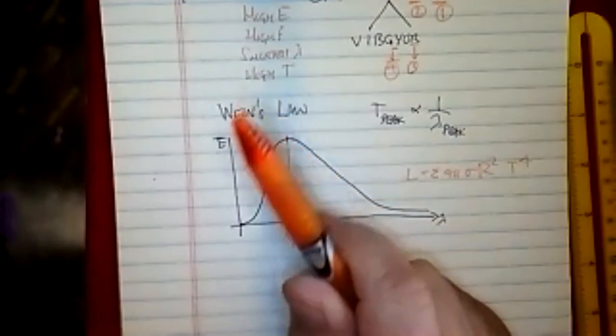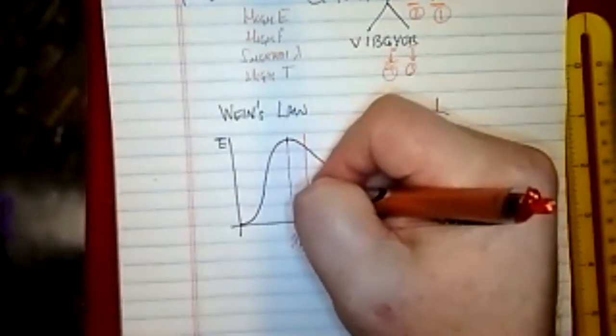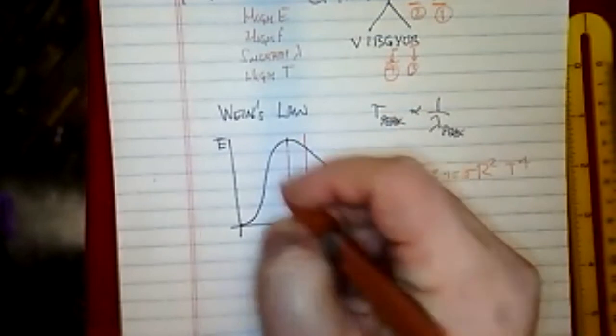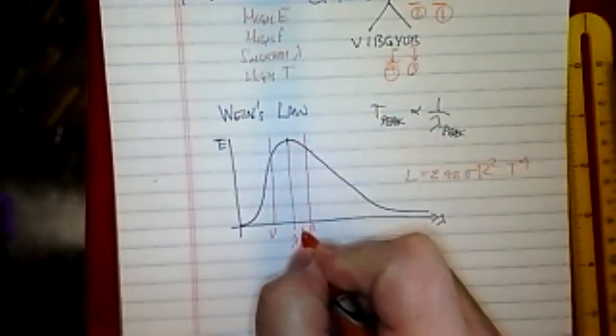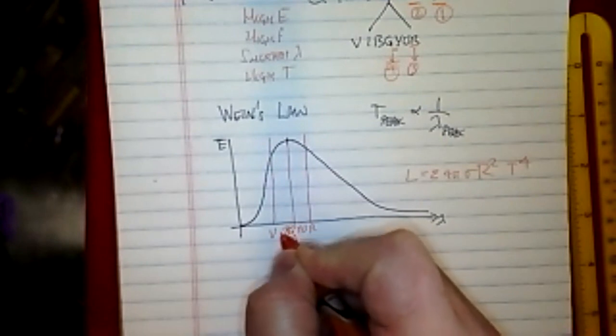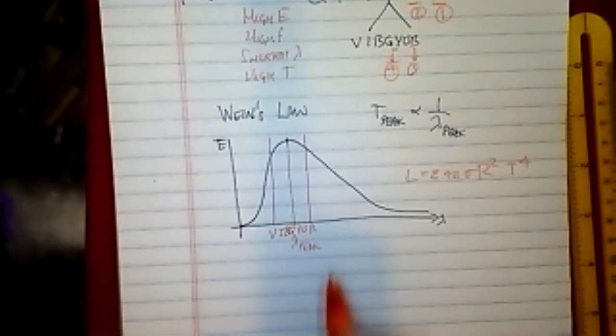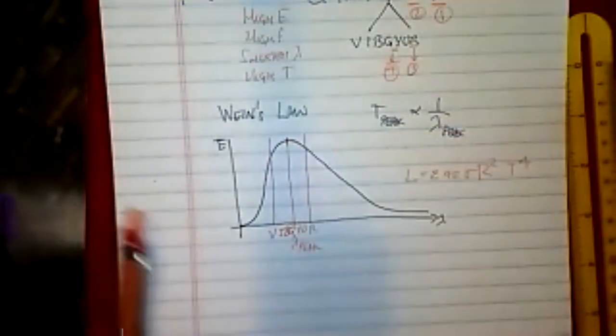Now, the other part that's neat about Wien's law is where this peak is really matters, because if this peak happens to fall within Roy G. Biv, okay, so this might be, for instance, the red end of the spectrum, and this might be the violet end, like this, then clearly this star is going to be sort of greenish or yellowish.